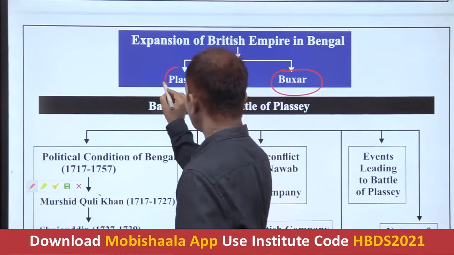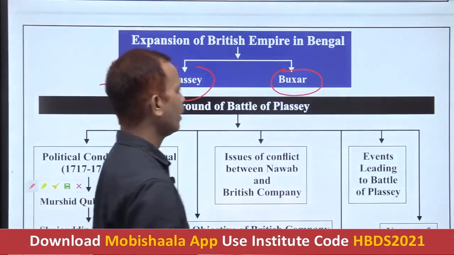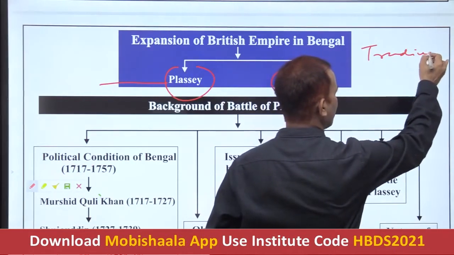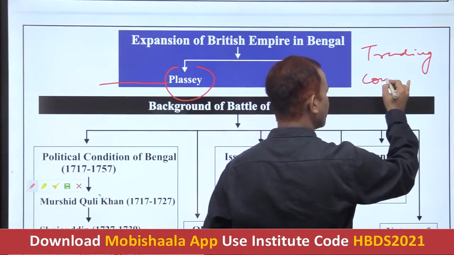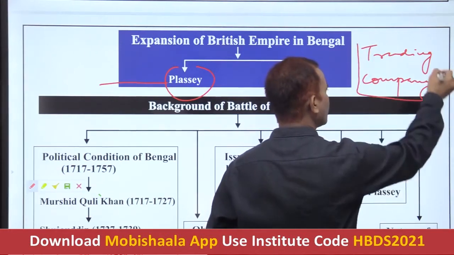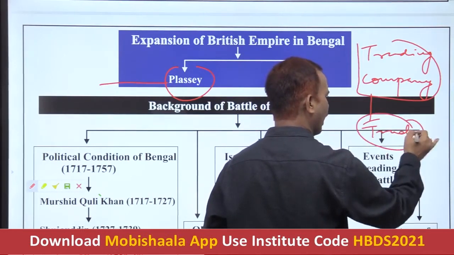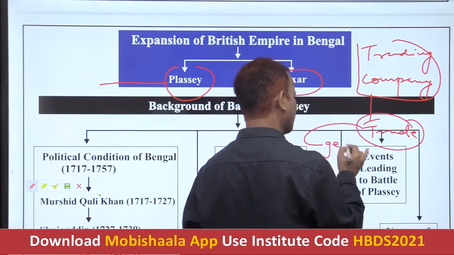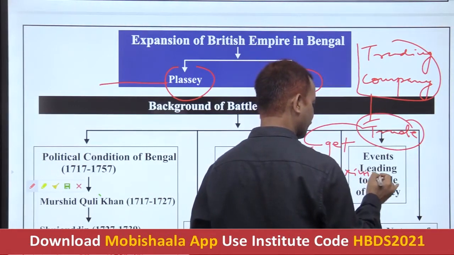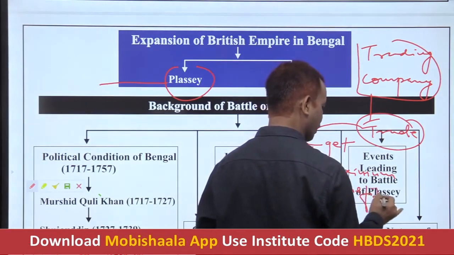Before both battles, the British company was merely a trading organization. Its main goal was to trade and get maximum benefits. It was the prime goal of the British company.